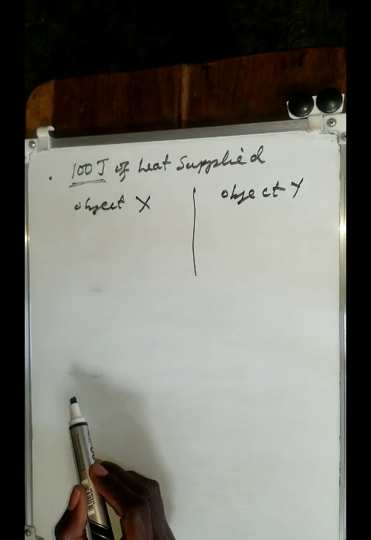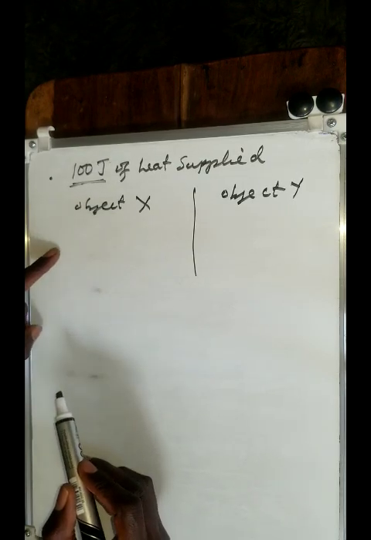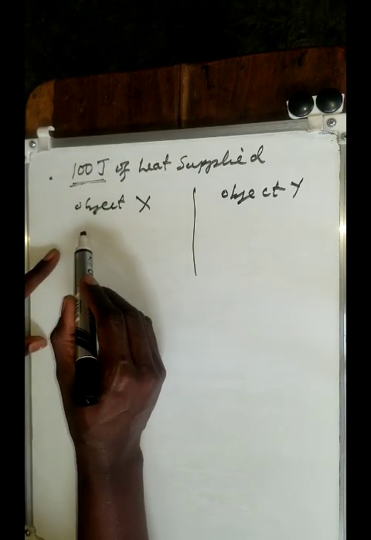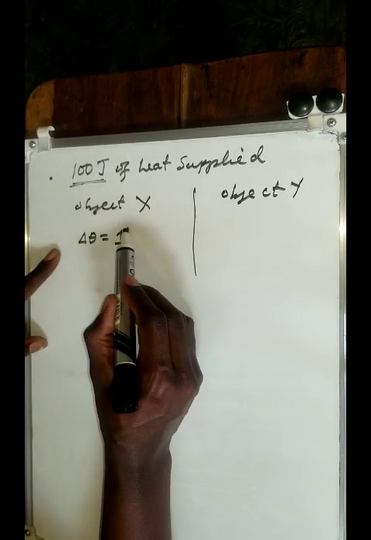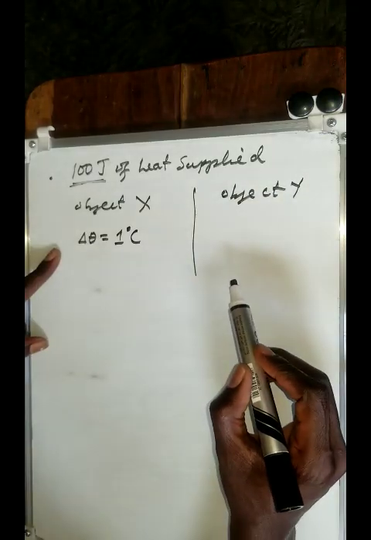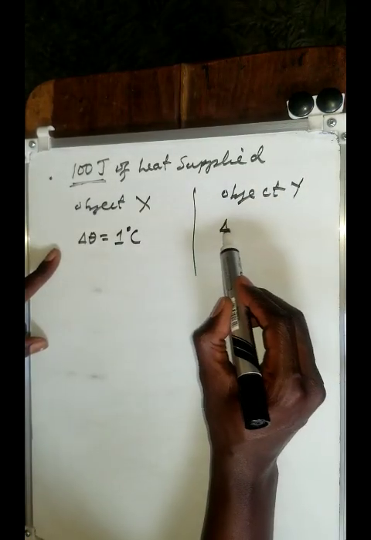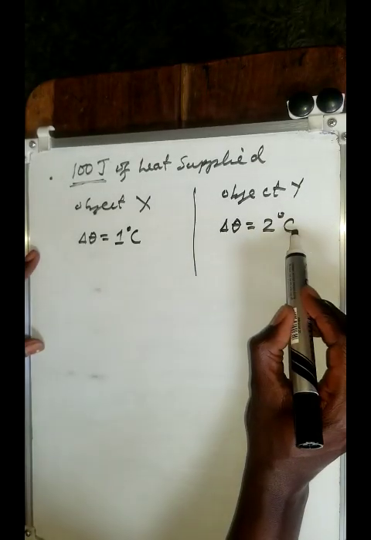Let's say that object X experiences a rise in temperature by just 1 degree Celsius, and object Y experiences a rise in temperature by 2 degrees Celsius.